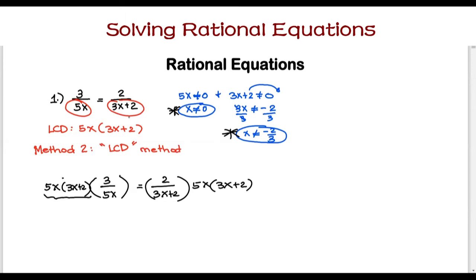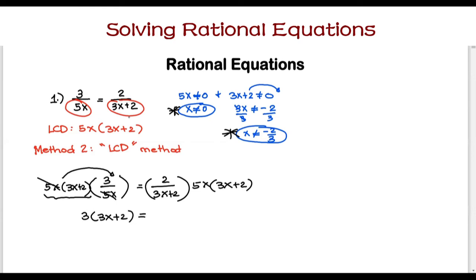Ngayon, di ba ito yung LCD? I-distribute natin siya dito. I-multiply natin siya dyan. So, what do you notice? Magka-cancel yung 5x. Ang matitira, 3x plus 2 times 3. Or pwedeng ganito, 3 times 3x plus 2.